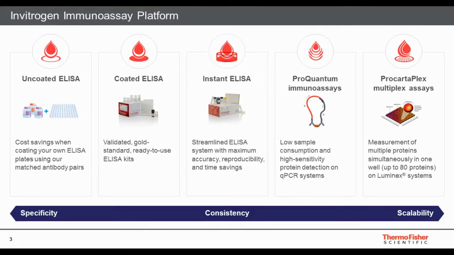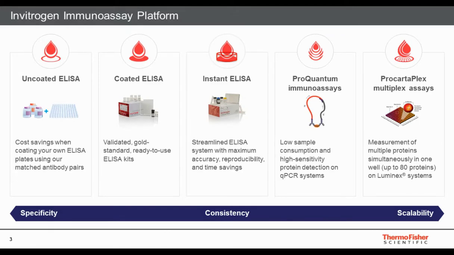Instant ELISA kits offer a uniquely streamlined protocol to help save you steps and hands-on time, still providing the same maximum accuracy and reproducibility. And then we have our ProQuantum immunoassay kits, which are the newest innovation for using small sample volumes while achieving high sensitivity and a large dynamic range. Protocol runtime is only 2 hours for these ProQuantum assays.